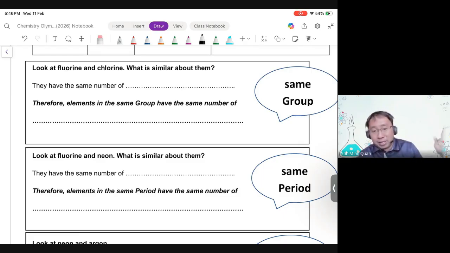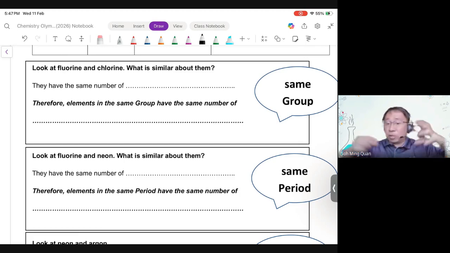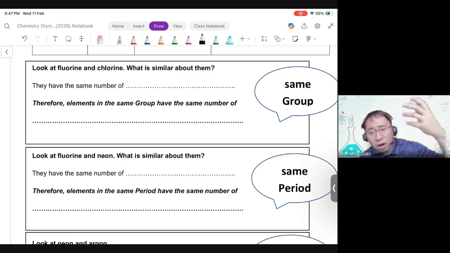You could go to university and do chemistry, and you will still be writing electronic configurations and learning about electronic configurations. Electronic configurations literally determine every single thing in chemistry, whether something is reactive or not reactive, whether something will explode, whether something will be stable, whether something will react with oxygen.